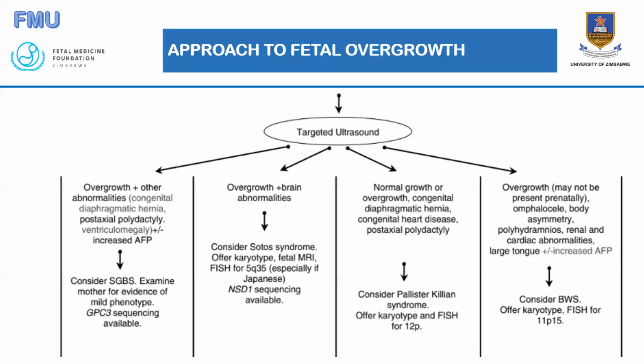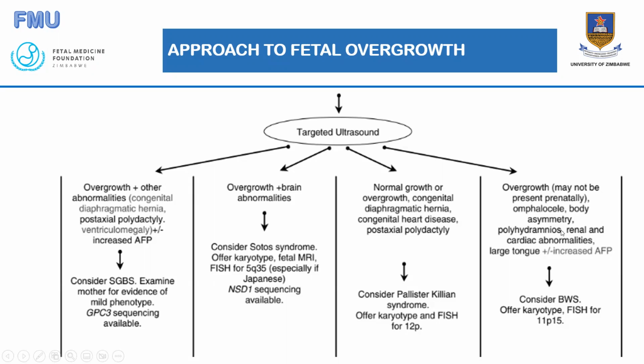So that's Pallister-Killian syndrome. Then we have overgrowth, which may not be prenatally present in certain cases, but in these babies where there may be overgrowth, you could have omphalocele and also body asymmetry. It's not always easy to pick this up in the uterus, but when you measure both limbs, there may be asymmetry in the size of the extremities, or the abdomen may not look very symmetrical.